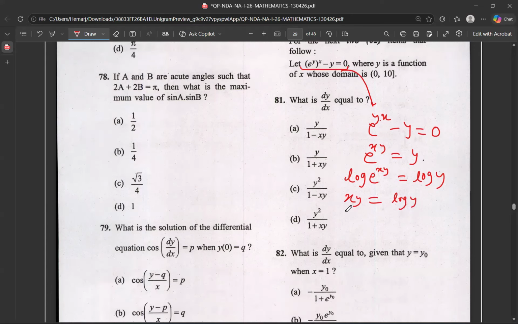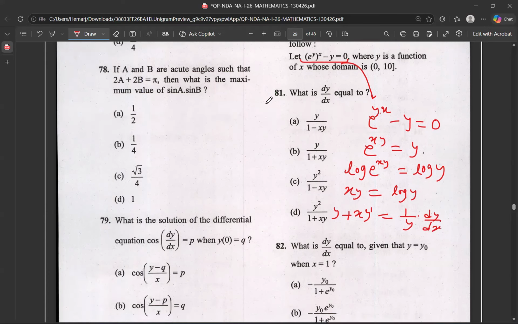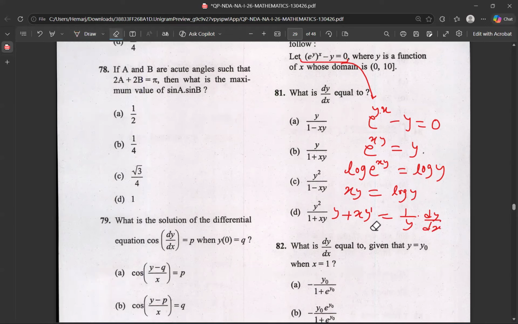Now we can take the derivative on both sides. So x into y, derivative of first function, second function as it is, plus first function as it is, derivative of second function y dash, equal to the derivative of log y, which is 1 by y into dy by dx. Let me write it as y dash only, because we used this sign earlier as well.